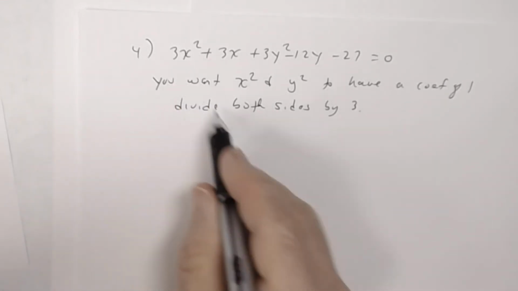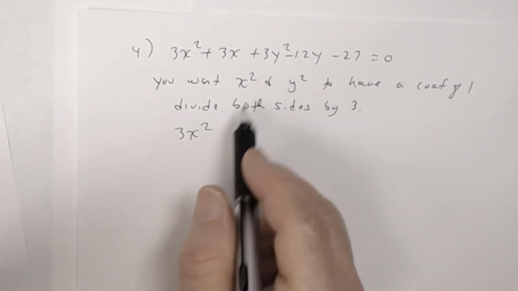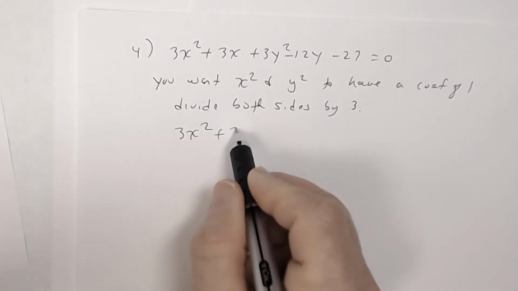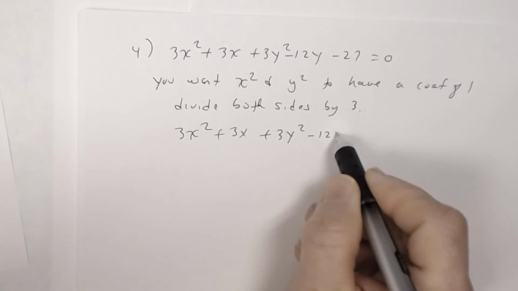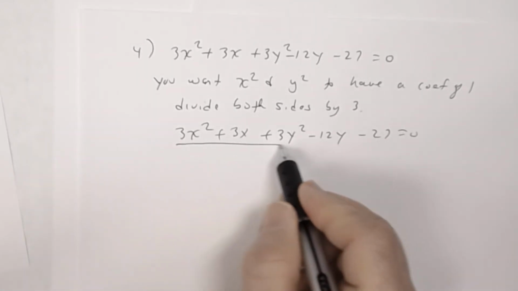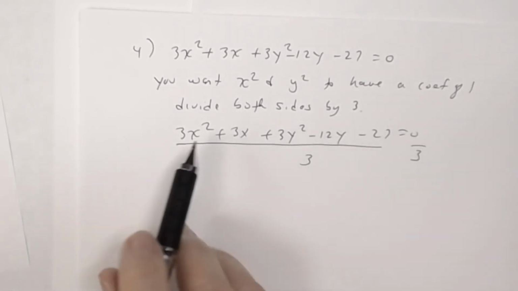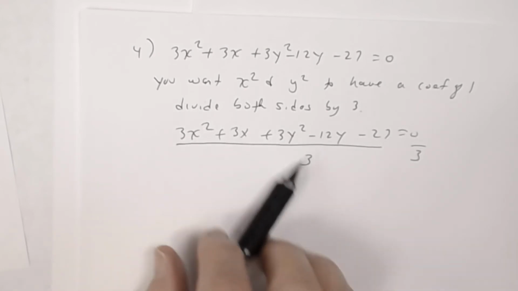All right, so I'm going to go ahead and rewrite this over. So I get 3x squared. And I'm going to go ahead and put the x's together. And it already is. Plus 3y squared minus 12y minus 27 equals 0. So divide both sides by 3. What you do to one side, you do to the other, just like this. Now remember, from previous experiences, you know you can write these as separate fractions, right?